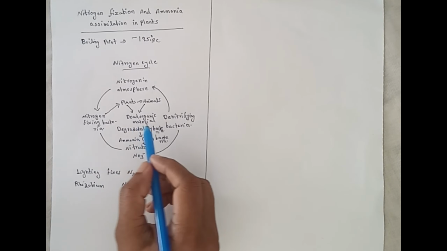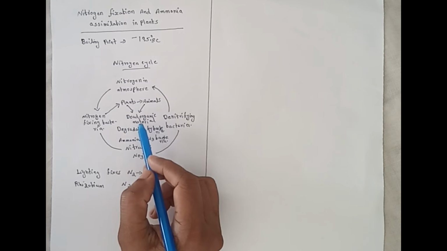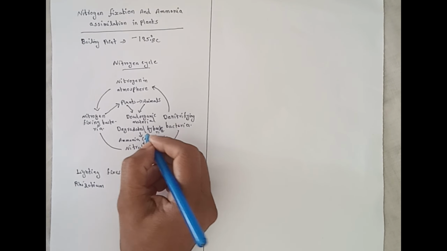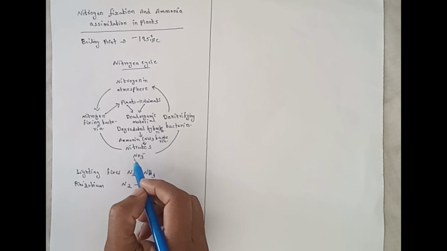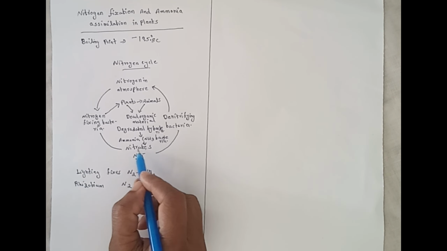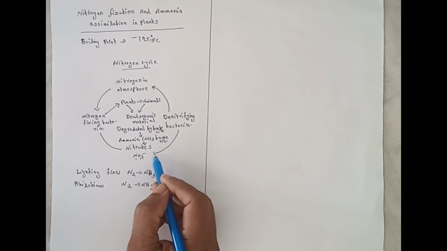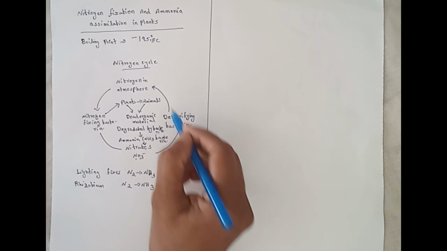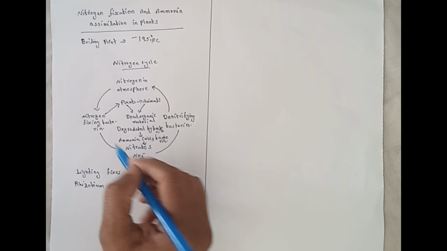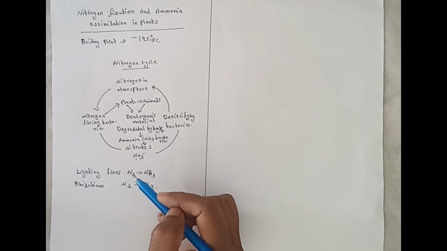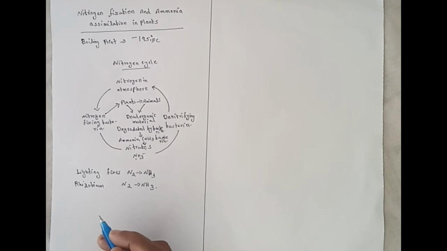The dead organic materials of plants and animals are degraded and again converted to ammonia, which is also converted to nitrate. Then this cycle is completed in another way. There are different ways of the nitrogen cycle. Then we discuss nitrogen fixation.